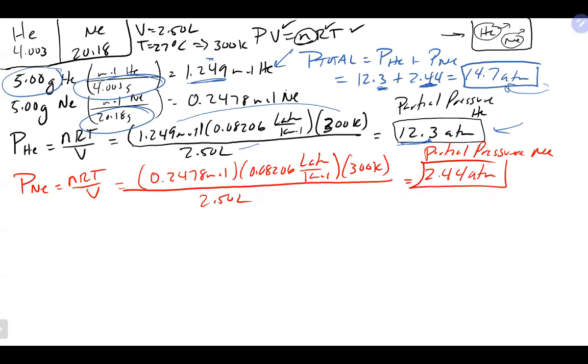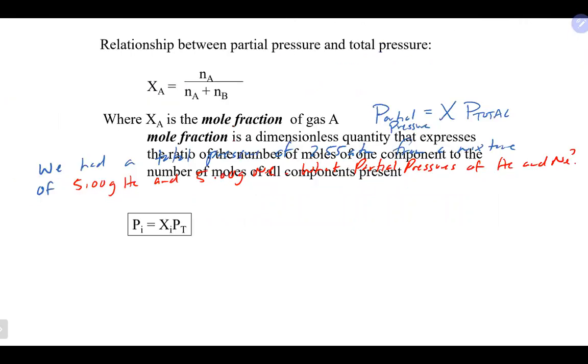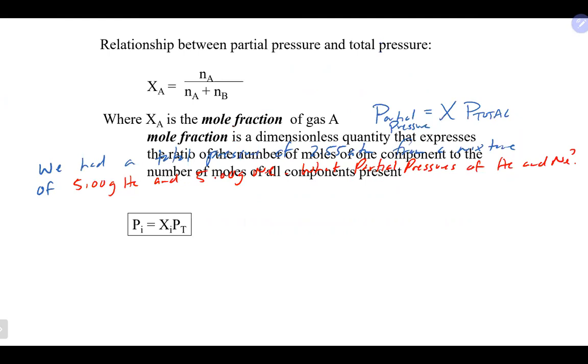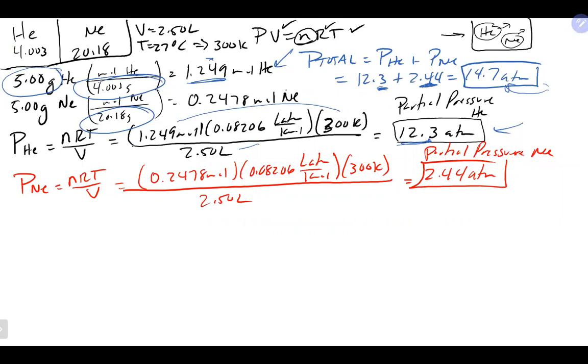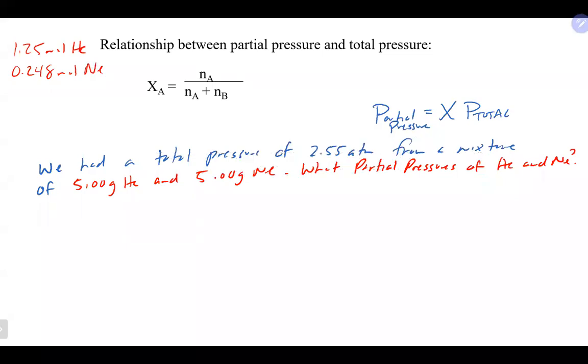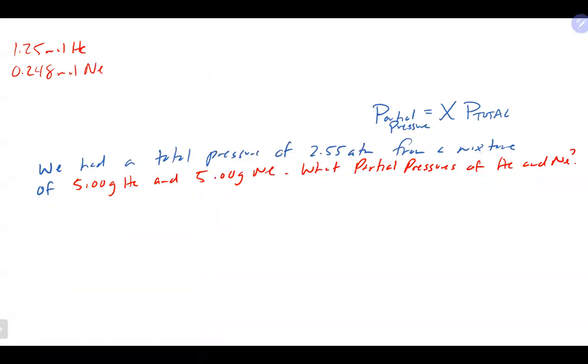So that would give us 1.25 moles of helium and 0.248 moles of neon. Again, obviously use the molar mass to get to those numbers.